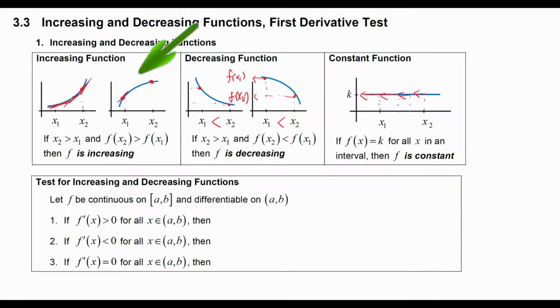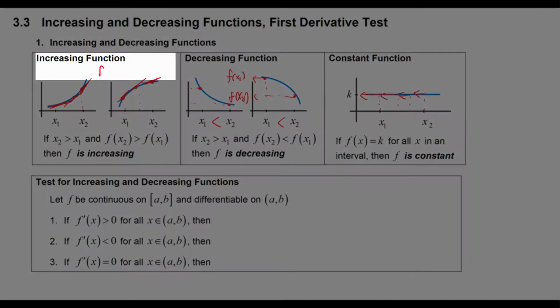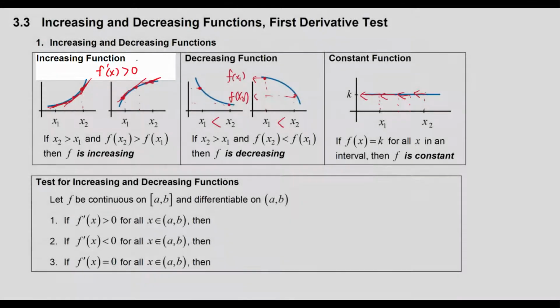You can see even from the different shape of graph, if a function is increasing, the slope at any point is positive. So the characteristic for an increasing function is that f prime of x is always positive, for all x at the moment when it's increasing.